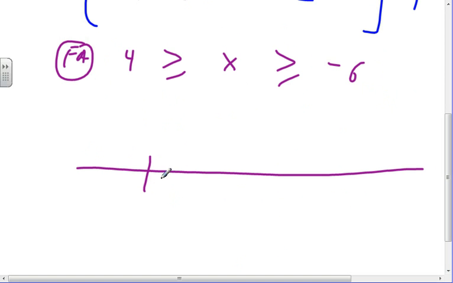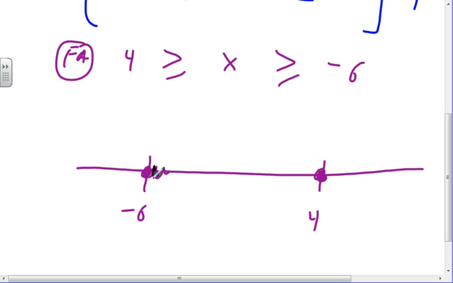Okay, so minus 6 is here, and 4 is there. Okay, so x has to be greater than minus 6, but less than 4.